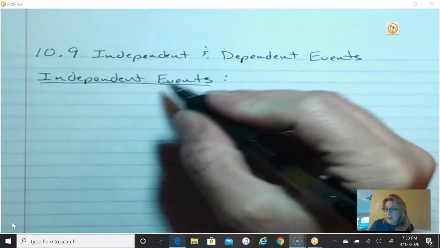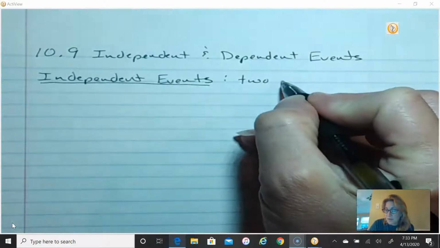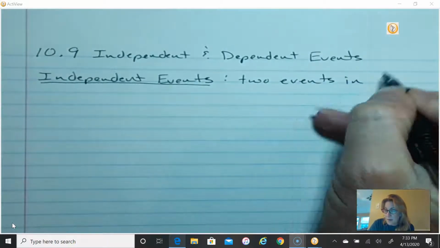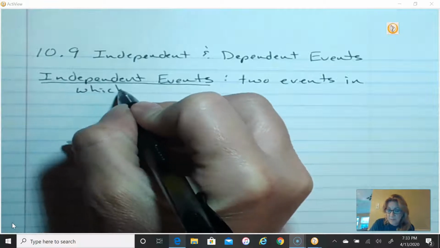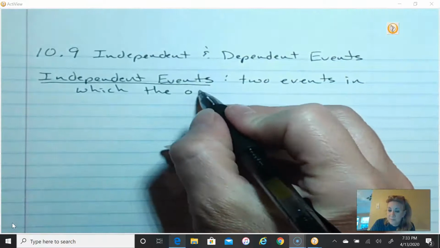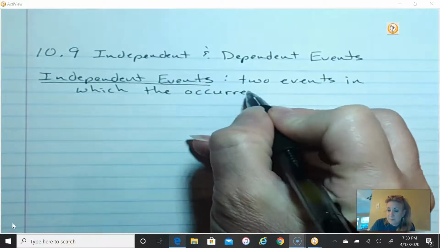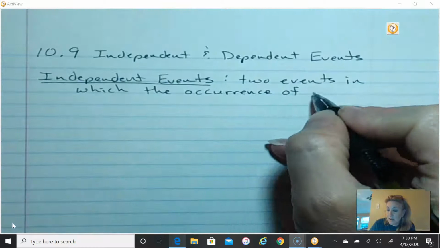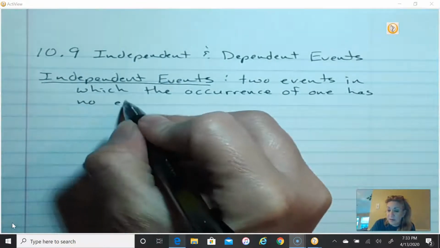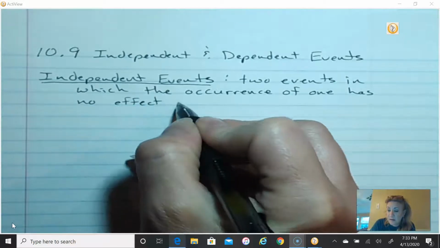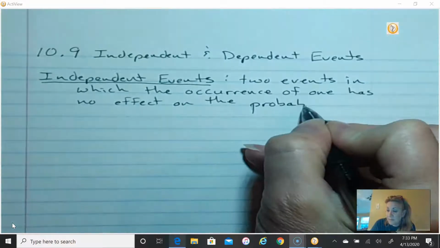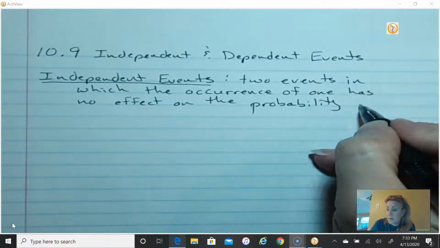All right, independent events. They are two events in which the occurrence of one has no effect on the probability of the other.